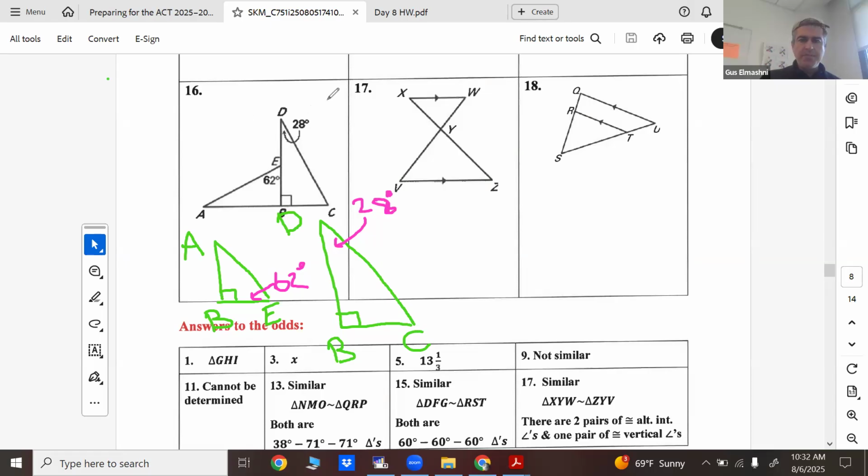And then for 17, kind of run out of space here. You can think of it like this. Those are the same. Just switch colors.